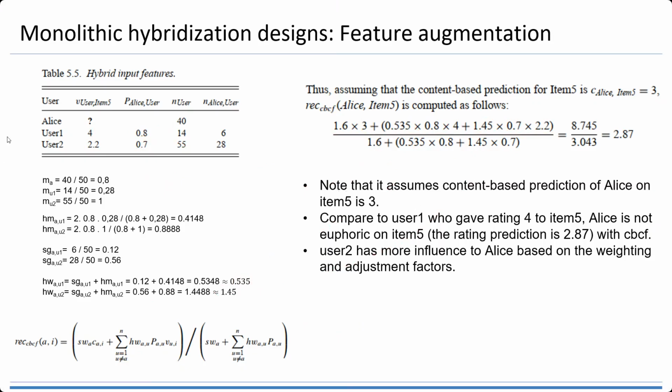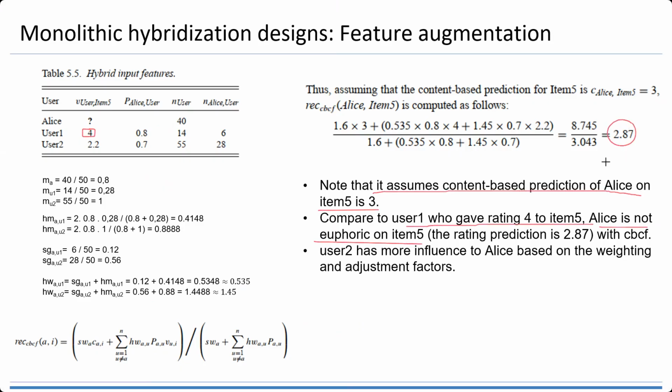Because I mentioned to you, assume that the content-based prediction of Alice on item 5 is 3. So we can compare to user 1, who gave rating 4 to item 5. Alice is not euphoric on item 5, because the rating prediction is 2.87.